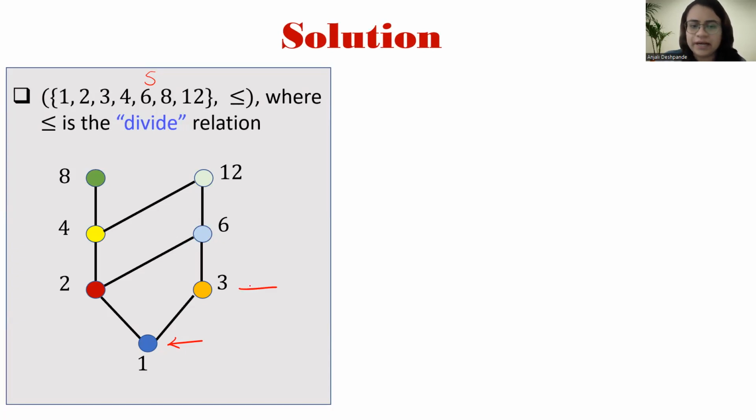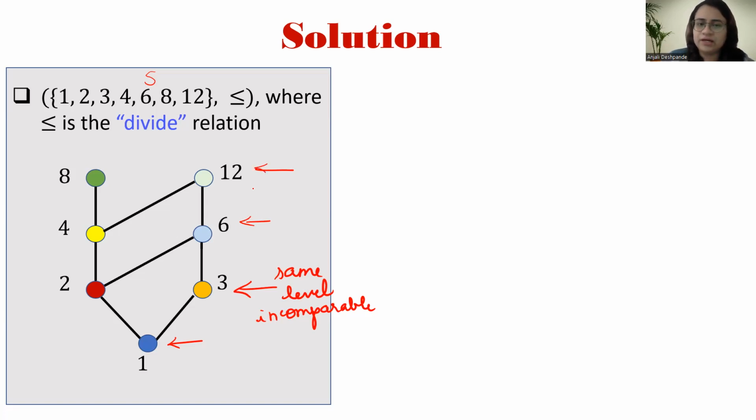Again, the elements 2 and 3 are not comparable. Why? Because neither is 2 divisible by 3, nor is 3 divisible by 2. That's why they occur at the same level, because they are incomparable. Same for 6 and 4, and 12 and 8.